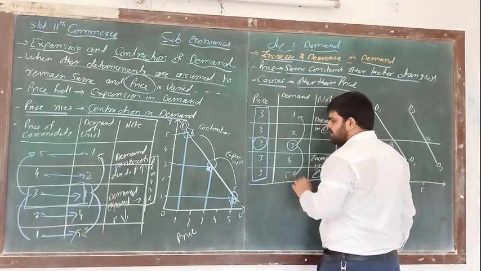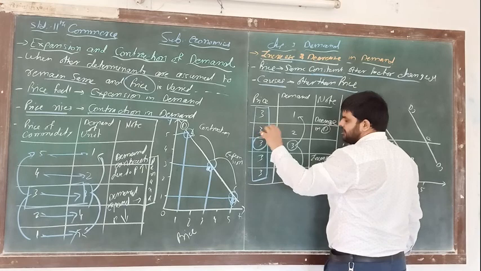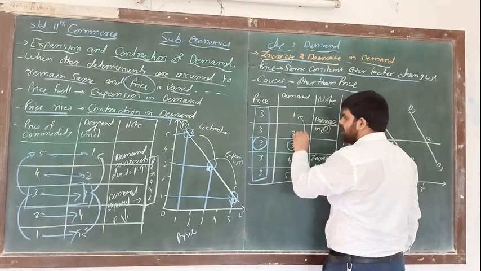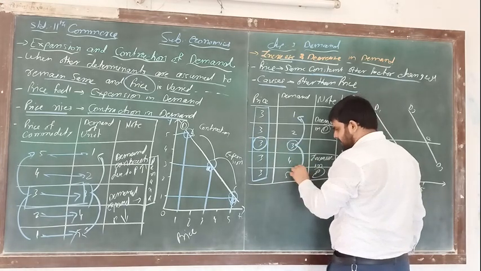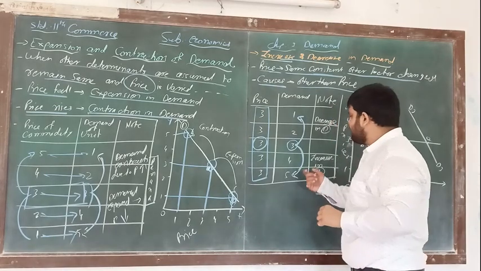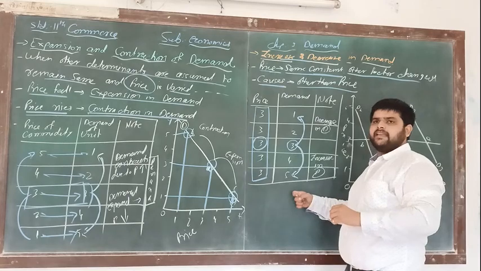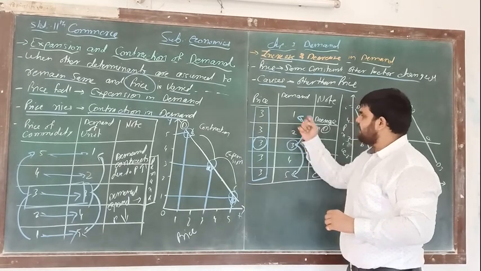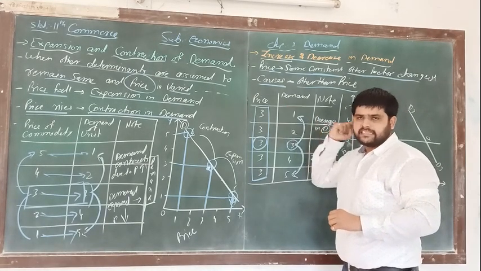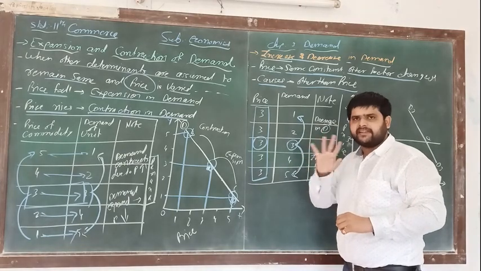When price is 3, demand is also 3. When price is the same but there is a change in other factors, demand decreases, and here demand increases. For example, here income of people is increased, so definitely the demand increases. And here income decreases, demand decreases. In the same way, the 5 factors affect demand.